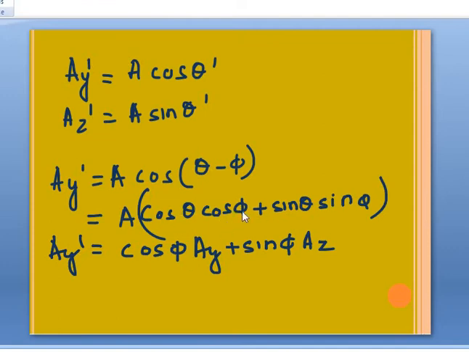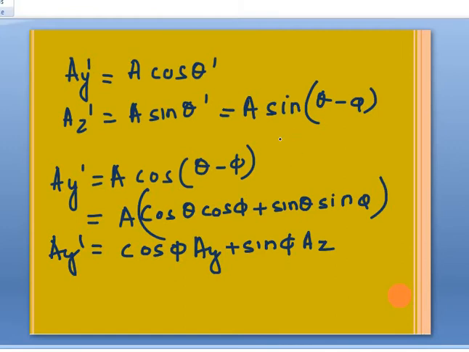And again, a sin theta is az. So sin phi az. So this is it. In a similar way, you can write what is az prime. We can write it here for simplification. This is a sin, this is theta minus phi. So sin a minus b, what is the trigonometric identity?